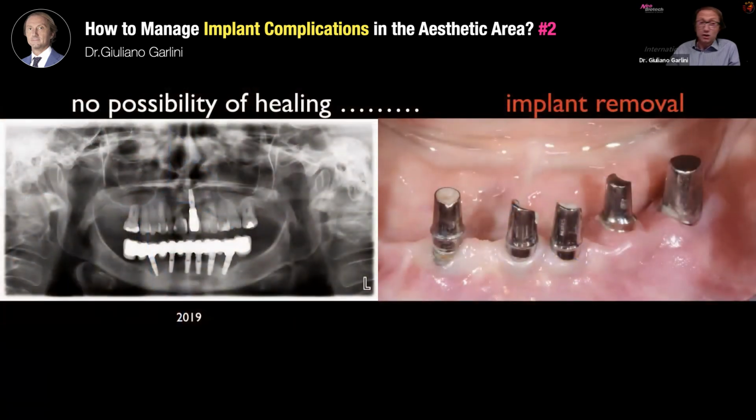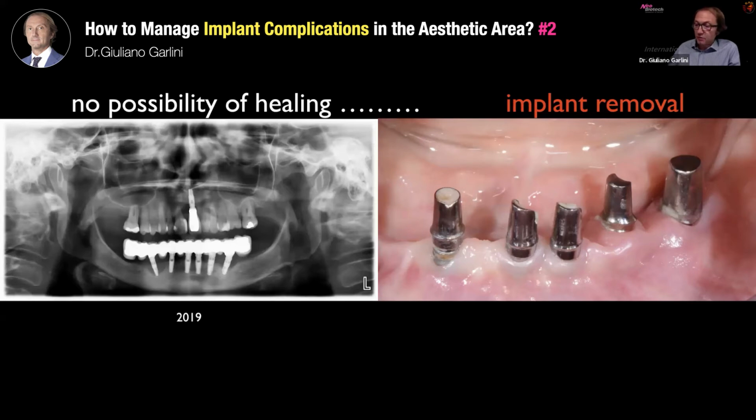But dear colleagues, it is not always possible to regenerate around an implant with periimplantitis. And sometimes we have to deal with failed implants, so we must remove the failed implant from the mouth of the patient.